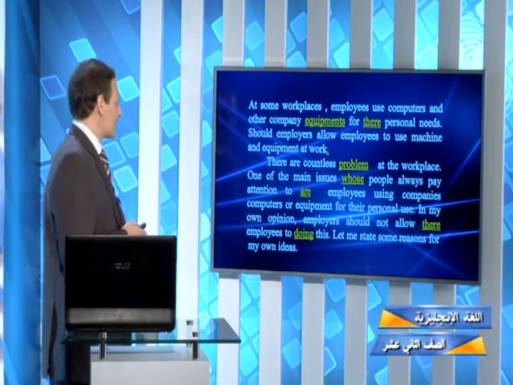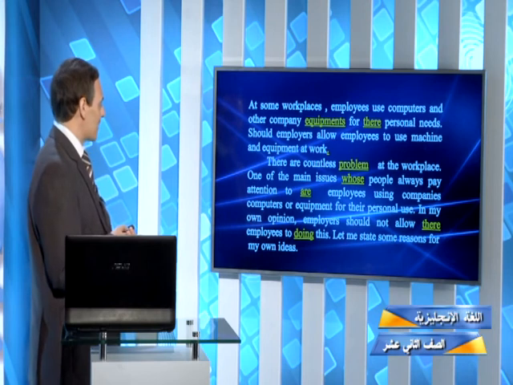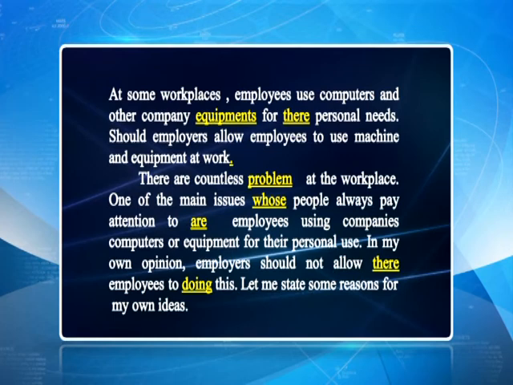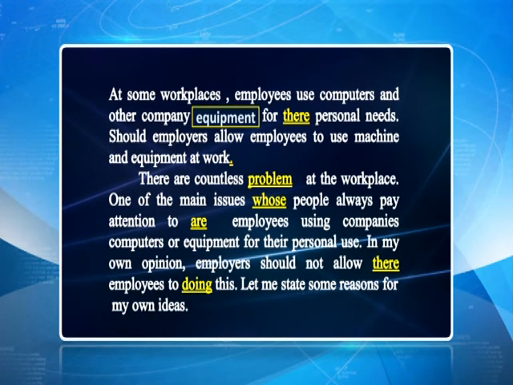Okay, so let's start reading the first paragraph. At some workers, employees use computers and other company equipments. What is the mistake here? It's that equipments should be replaced with the word equipment. Okay, equipment refers to many tools, okay, for their personal needs.